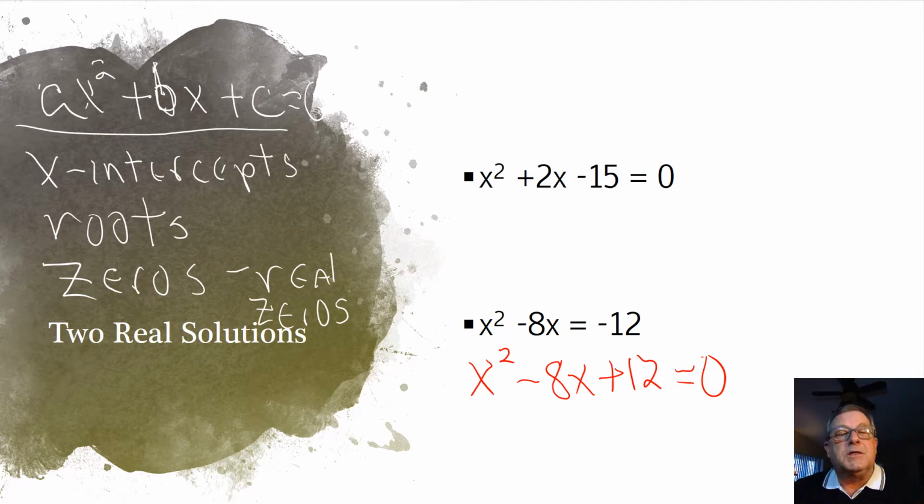Again, those three terms, x-intercept, roots, and zeros, we're going to use interchangeably. Whenever we refer to that, we're looking for the solutions, the points at which the quadratic equation intercepts the x-axis.